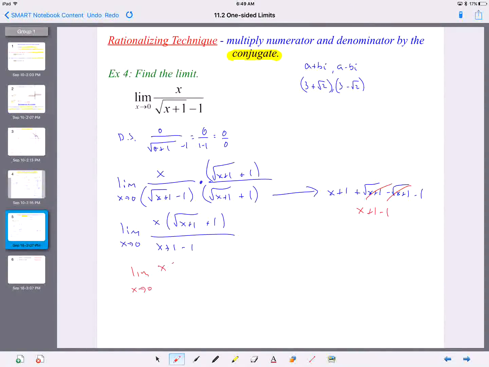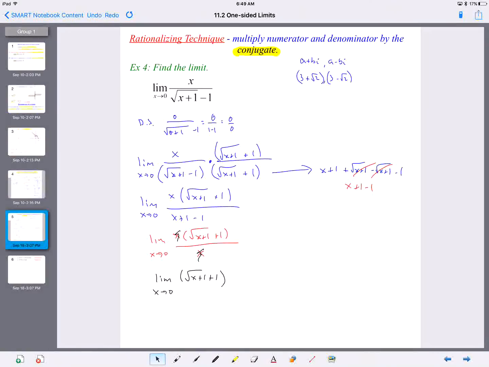We're left with x times the square root of x plus 1 in the numerator, divided by x, since the 1's cancel. At this point, if I do direct substitution again, I'm still going to get 0 over 0, so something has to cancel. What do you notice that cancels? This x cancels with that x. Now we've canceled out that common factor, so we can do direct substitution again.